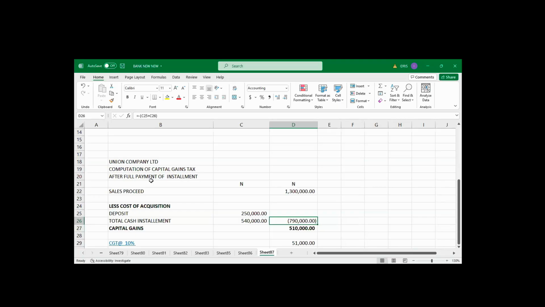That means that person is paying in installments. He's not paying you cash. That is the second example we want to look at. Okay, I get you now. So let's go and look at that one.